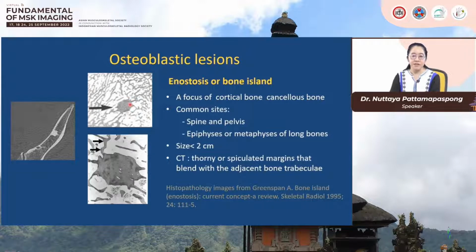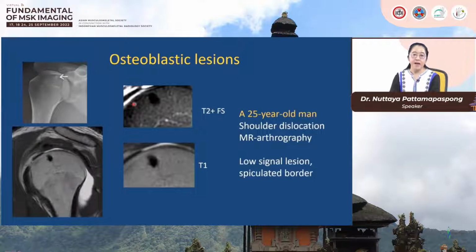It is the focus of cortical bone in cancellous bone and commonly found in spine and pelvis, as well as epiphysis and metaphysis of long bone. The size is usually less than 2 cm. The lesion has low signal intensity on T1 or T2 weighted images.